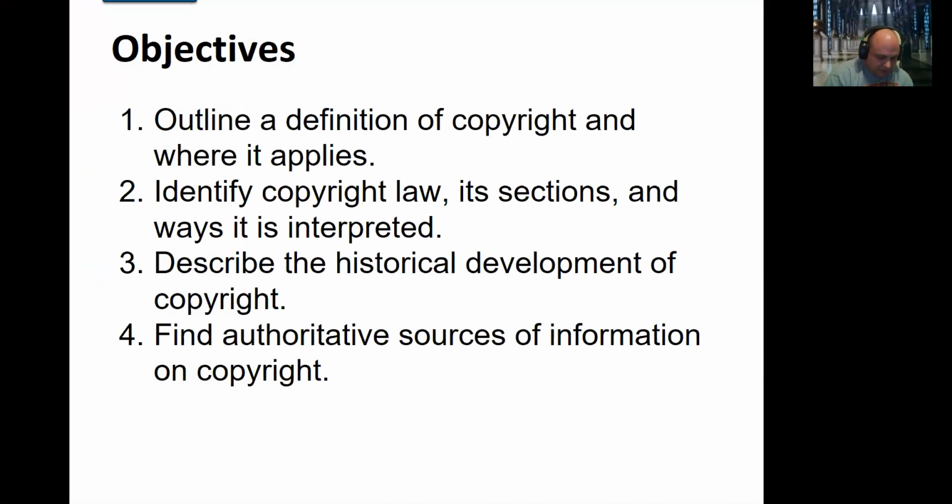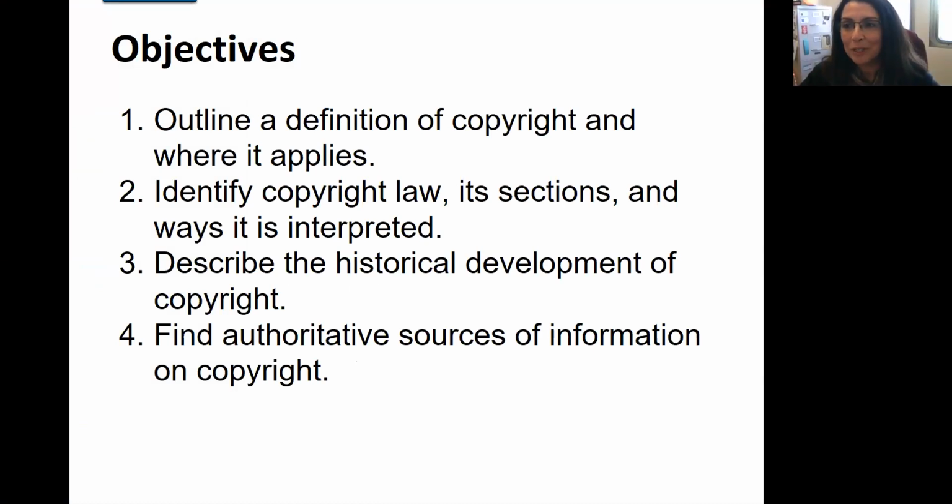So, the four takeaways that we hope you leave with will be to outline a definition of copyright and where it applies, and identify copyright law, its sections and ways it's interpreted. Now, please don't have fear here. We're just really going to show you where the copyright law can be found, some of its broader sections that apply to us, and then just a very, very basic chat about how it's interpreted.